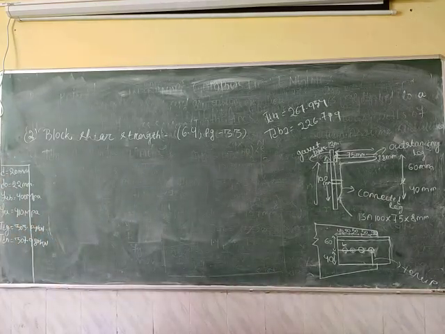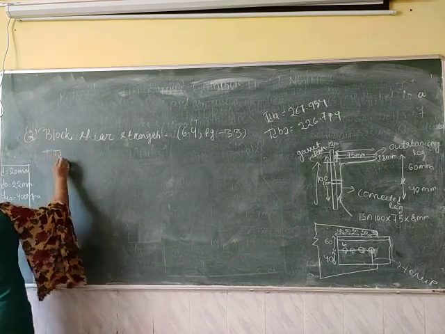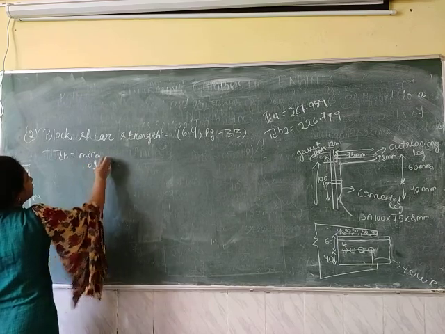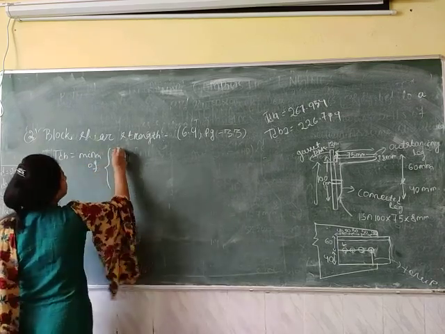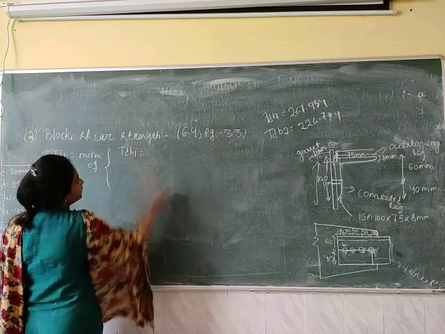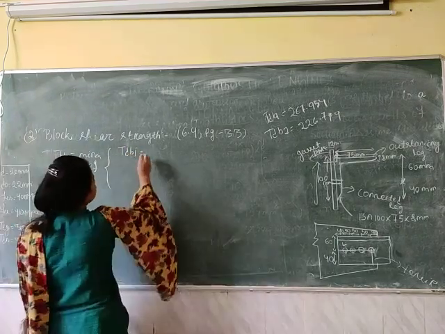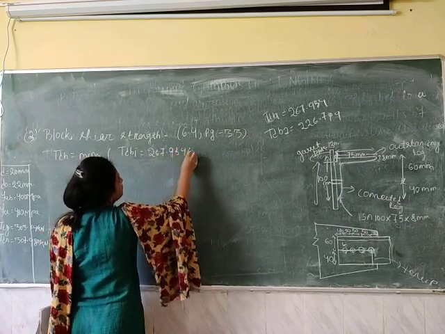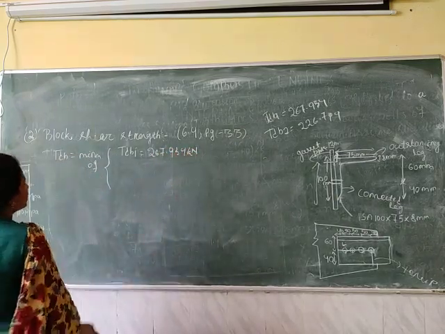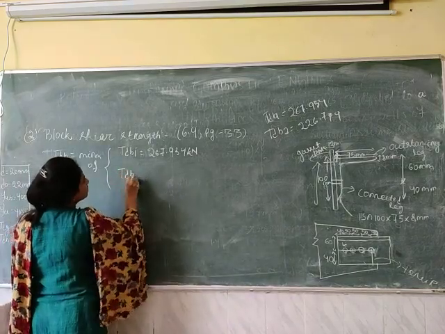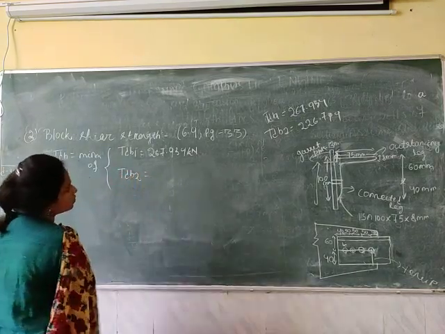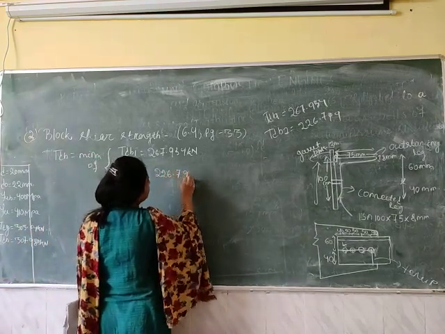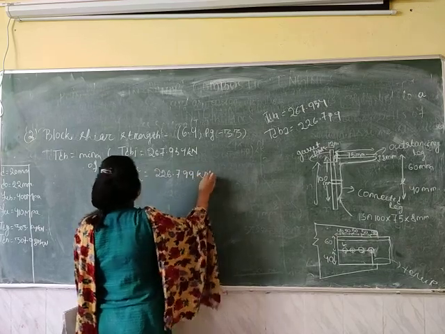Now the block shear strength will be the minimum of TDB1, that is 267.934 kilonewton, then the second one is 226.799 kilonewton.